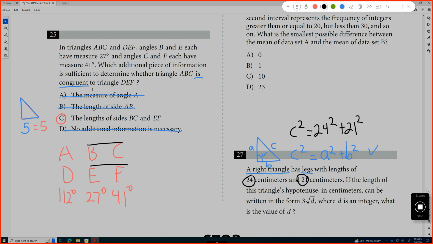Using a calculator, notice that I'm going up in my writing because of the space. So c squared is equal to 576 and 441. 24 squared is 576 and 21 squared is 441. Adding those quantities together, we get that c squared is equal to 1017.